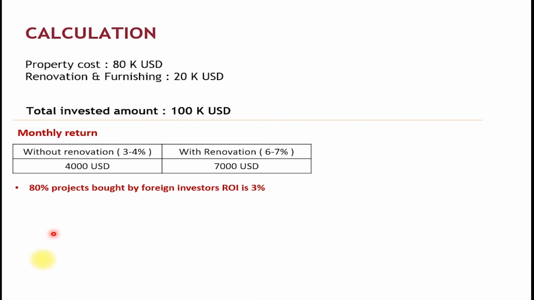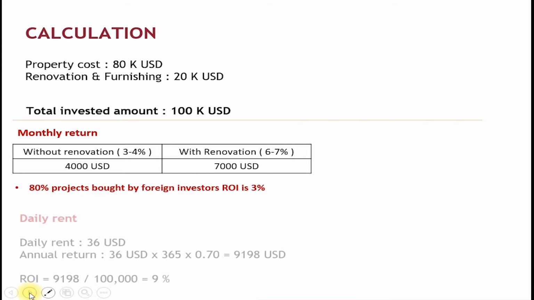But if we work with the same apartment and give it for daily rent, how much return can we expect? Let's suppose your property is 2+1, 2 bedrooms and 1 hall, or 3 bedrooms and 1 hall. In this apartment, you can charge $36 daily. If a tourist wants to stay in a hotel, they have to pay $67 per day.